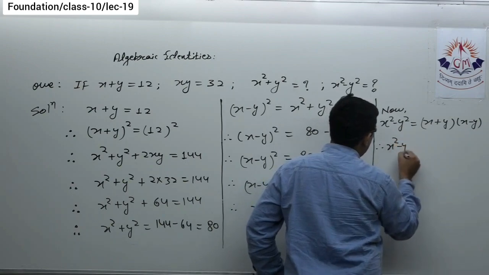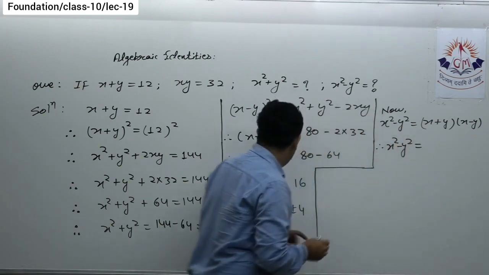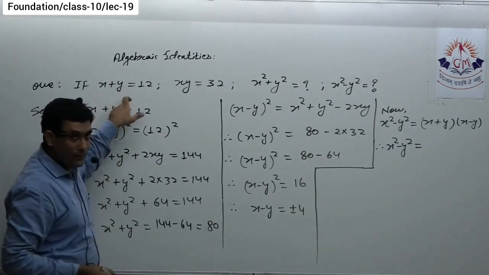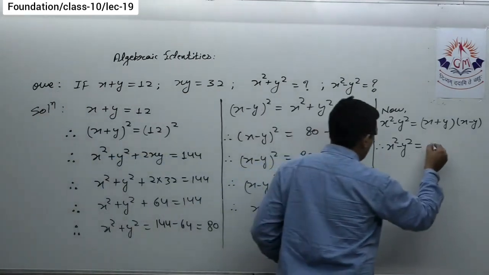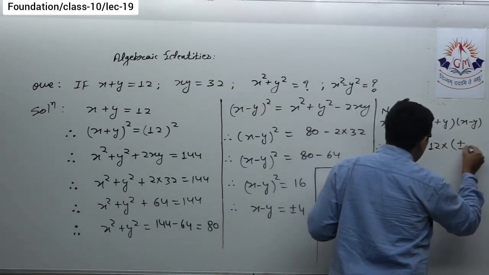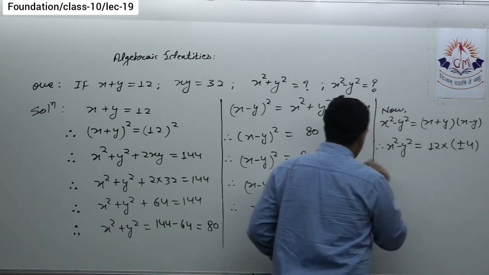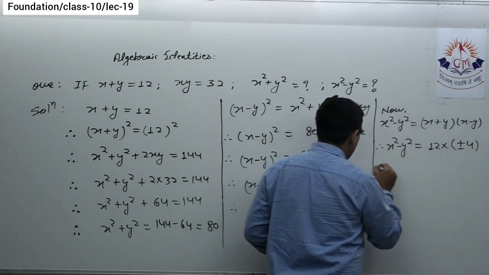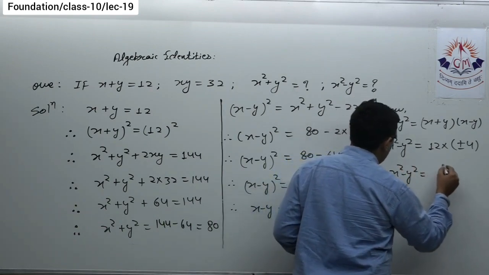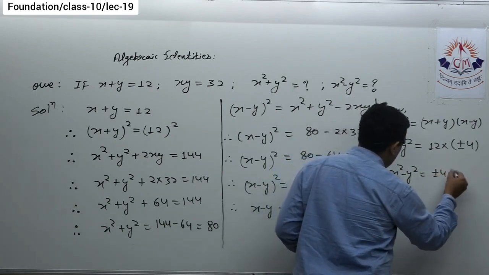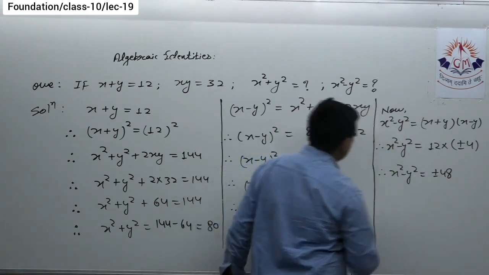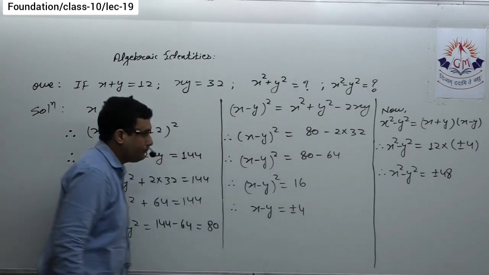Therefore, x plus y is given actually. So x plus y I keep 12, and in the place of x minus y I put this plus minus 4. So therefore x square minus y square is equal to plus minus 48. Okay, plus minus 48, this is the value of x square minus y square.